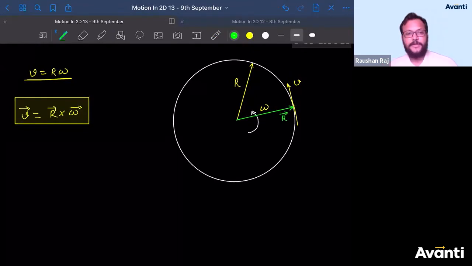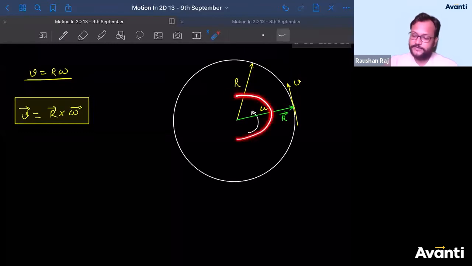R vector. And what is the direction of omega here, guys? How do you find the direction of omega? We find the direction of omega by curling our right hand fingers along the sense of rotation, right?